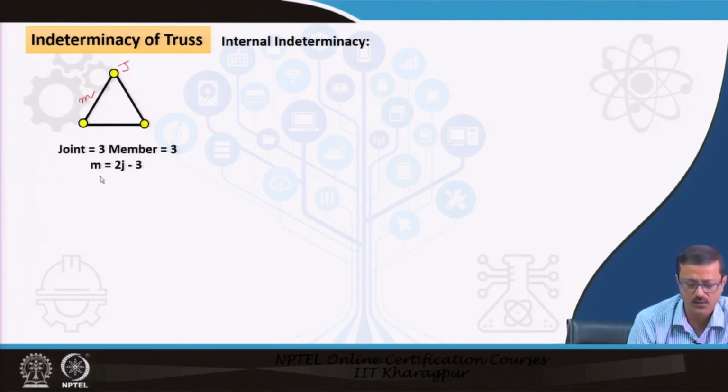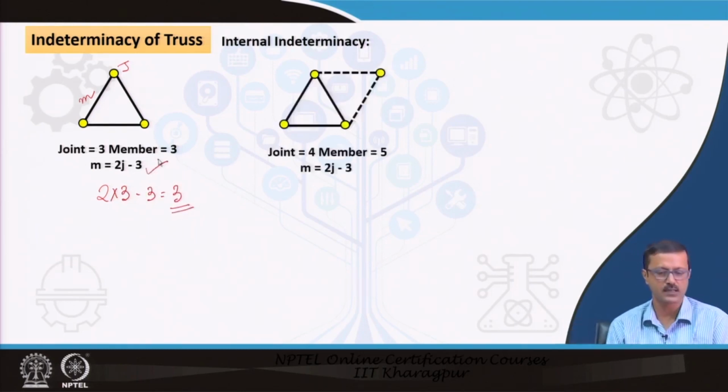So, this equation holds good, m equal to 2j minus 3, because 2j is 2 into 3 minus 3, 6 minus 3 equal to 3. Next, I introduce another joint.